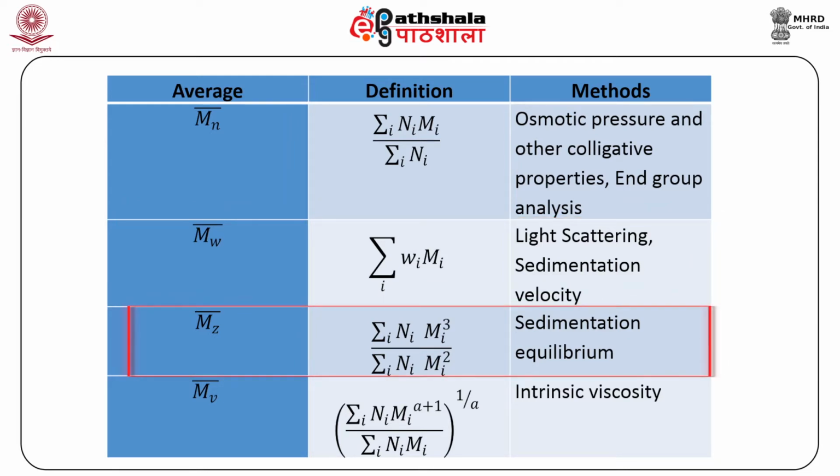M̄z, given by summation NiMi cubed by summation NiMi squared, can be determined by sedimentation equilibrium, and M̄v, given by summation NiMi to the power a plus 1 divided by summation NiMi whole to the power 1 by a, can be determined by the intrinsic viscosity measurements.